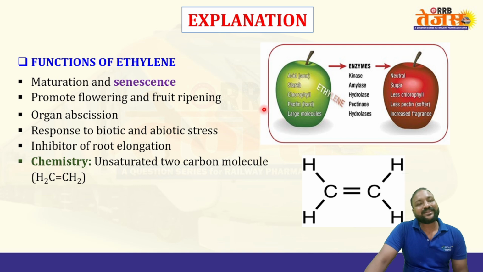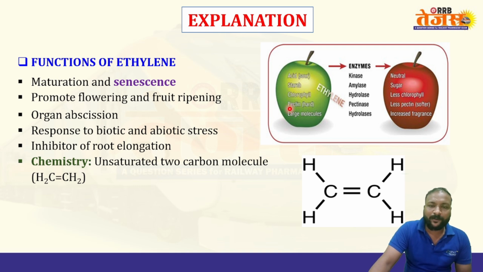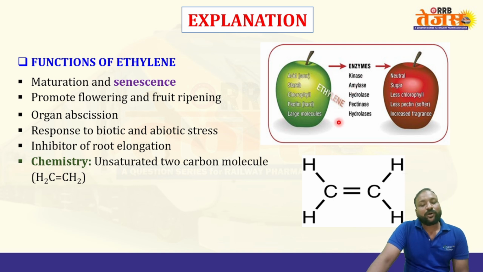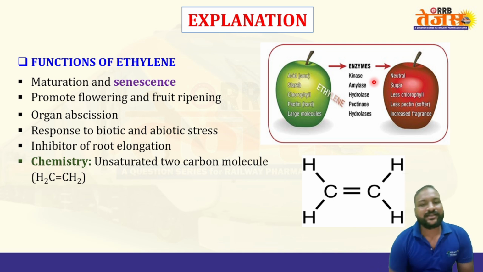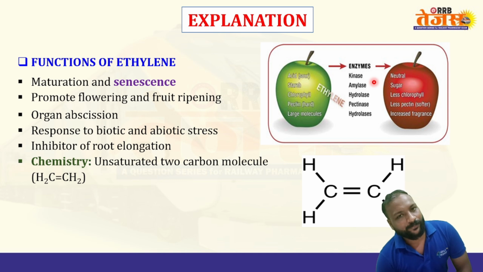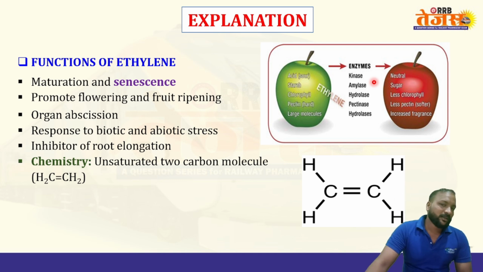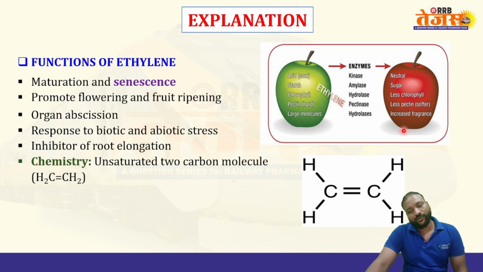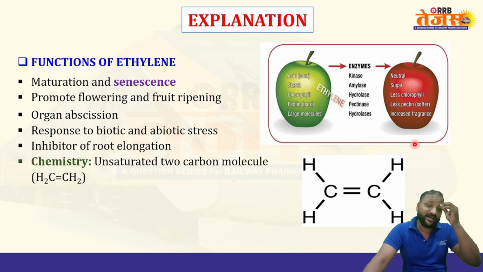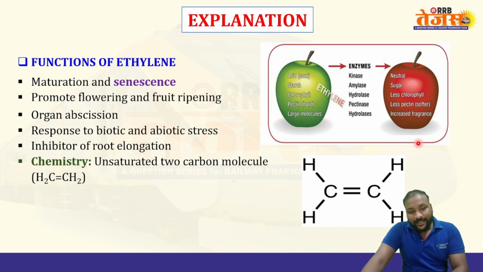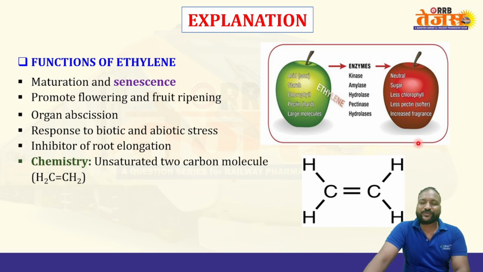When you spray ethylene, which is in a gaseous form, it activates enzymes like kinase, amylase, hydrolase and pectinase, and hydrolysis takes place. Then the status of the fruit changes to ripened, and you get a glossy, colorful, tasteful fruit, with neutral sugar, less chlorophyll, less pectin and increased fragrance. That's the first question.